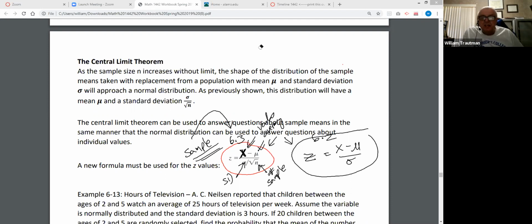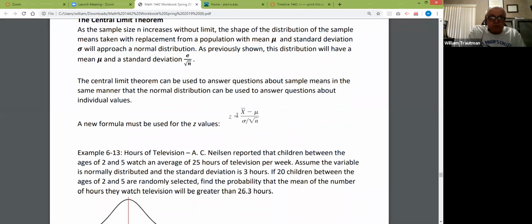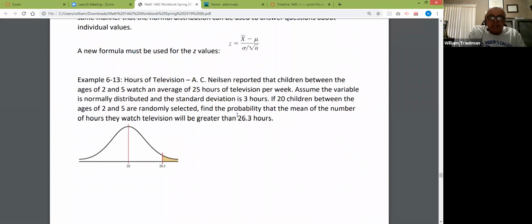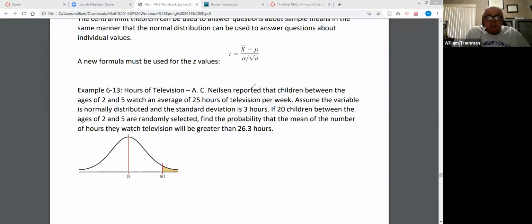Okay. So let's take a look. Same type of scenario as yesterday. We read the paragraph, we answer the question. They have the picture for us, but pictures won't always be there. A Nielsen report said that children between the ages of 2 and 5 watch an average of 25. So there's our average, our mean.